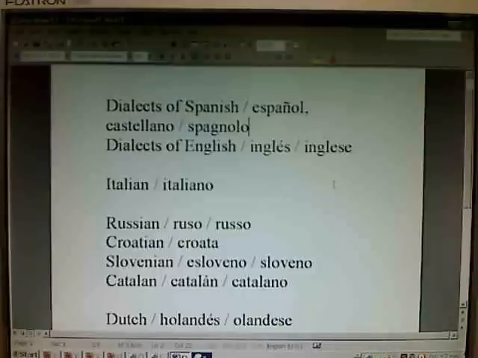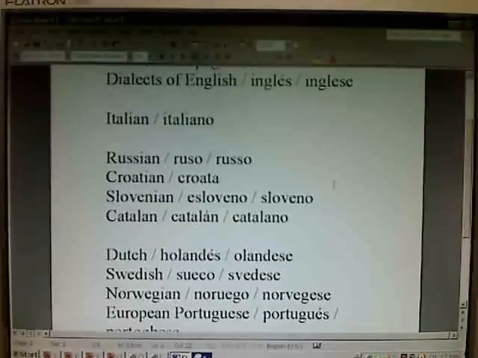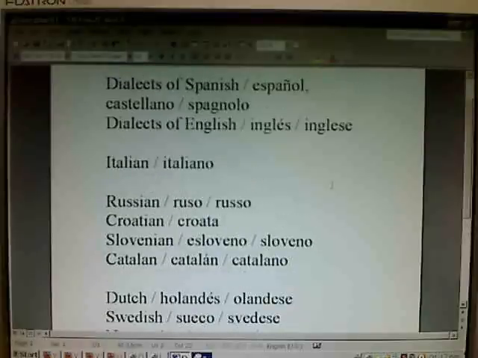Okay, what else? Well, moving on to languages that I am learning to learn how to speak and use them. I am studying Italian, or Italiano, which is the same name in Spanish and in Italian. Italiano.